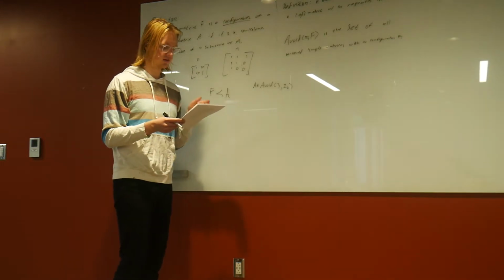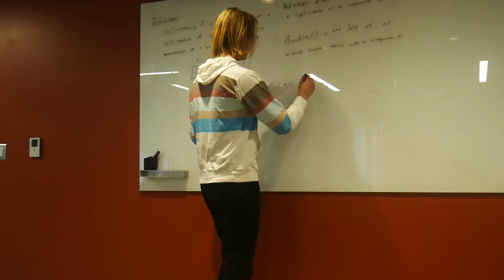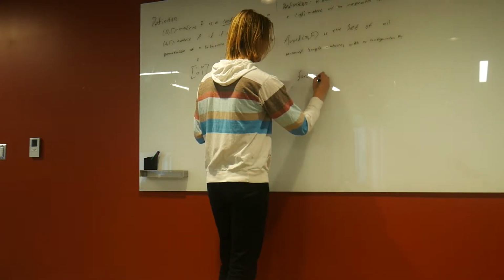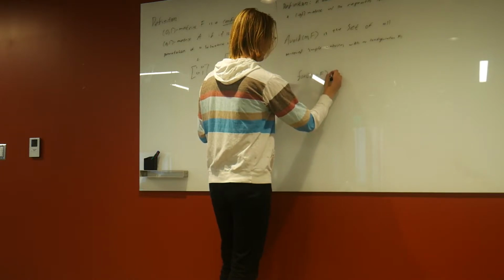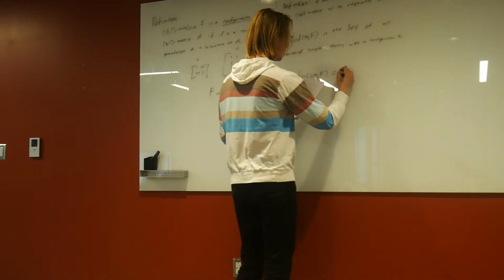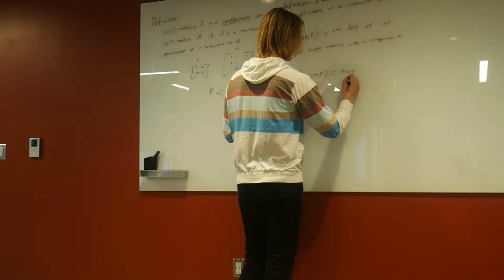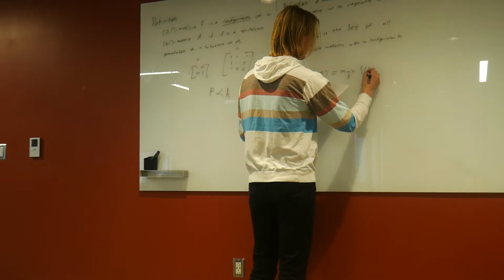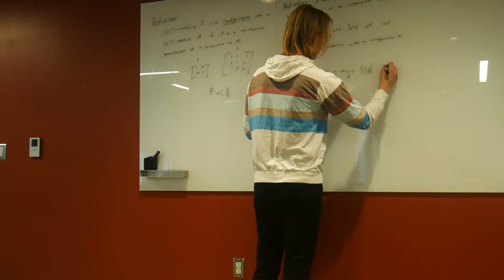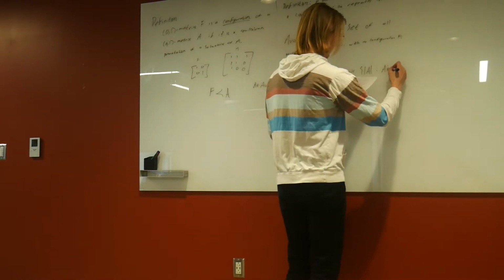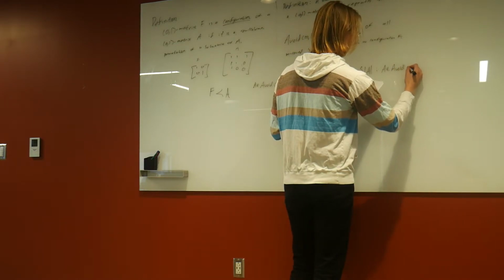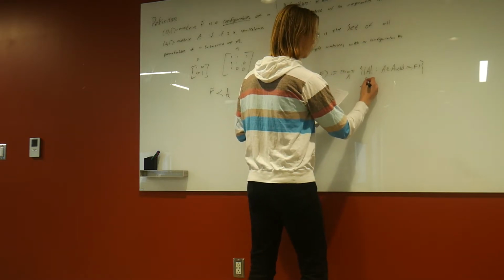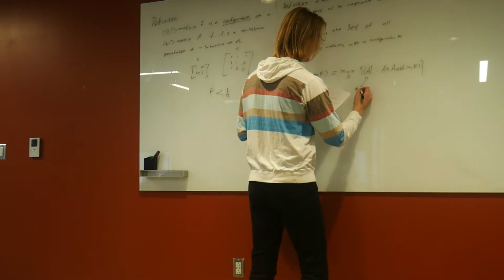We formalize this with the forbidden number, which is defined to be the maximum of all matrices A, and this is just the number of columns in A, so that's what I mean by the size of A.